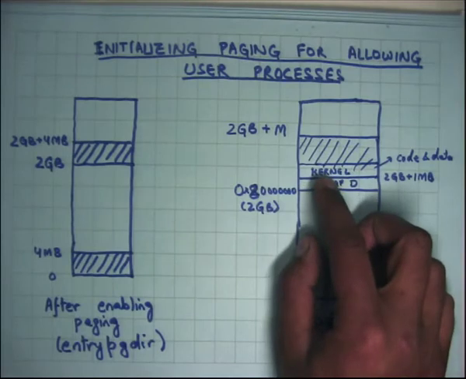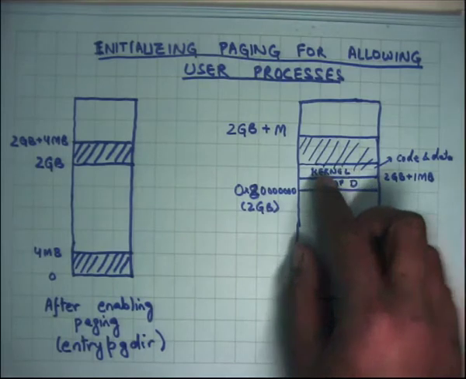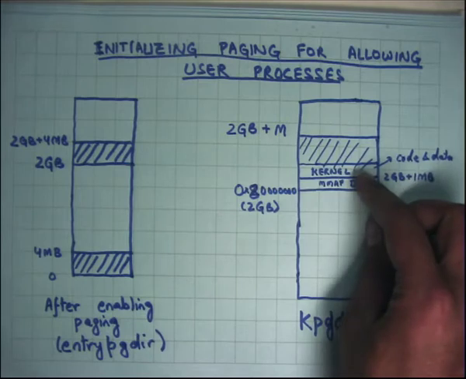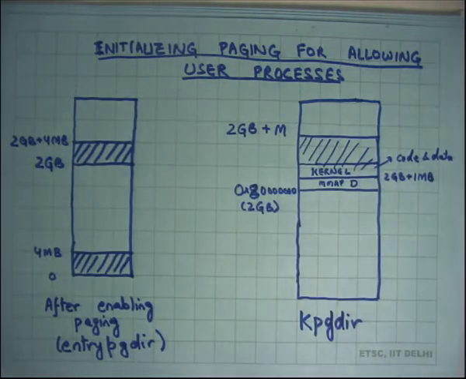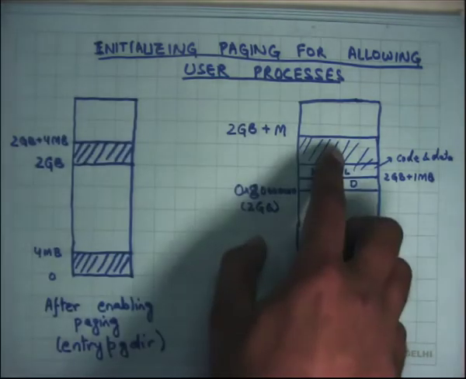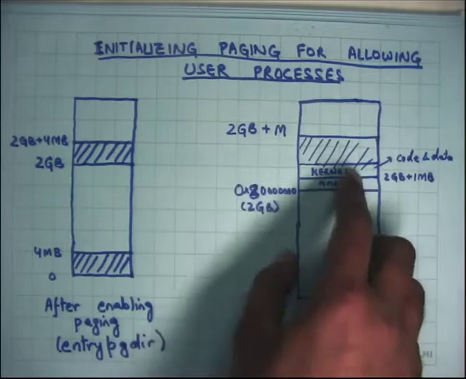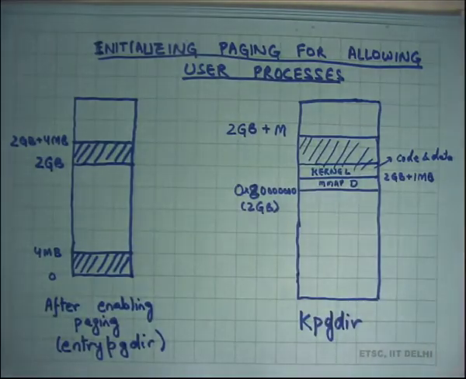Recall that the entry page directory was a global variable, allocated in the data section of the kernel, but anything other than that, for example per process page directories, are going to be allocated from this extra space, which is wherever the kernel ends, and from there till capital M, the size of physical memory. This is also where you're going to allocate memory for data structures like process control blocks, and most importantly, the memory for the user processes themselves.